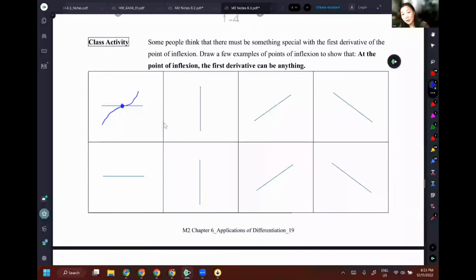That's the point. At that point, the line given to you is the slope. Not the slope, sorry, it's the tangent. This is the tangent. And the curve has a change of concavity at this point. Concave down, concave up.